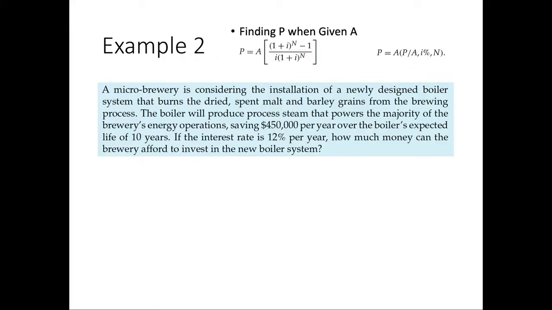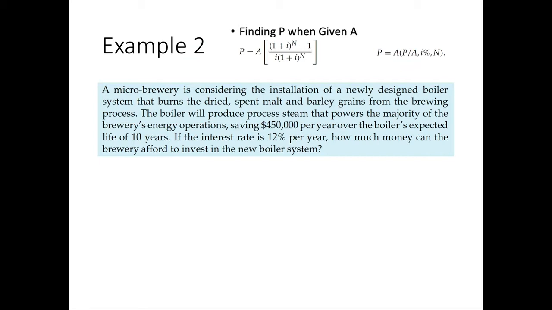Okay, and then this is the second example. So still, let's read the statement and see if you can identify what scenario it is. A microbrewery is considering the installation of a newly designed boiler system that burns the dried, spent malt and the barley grains from the brewing process.